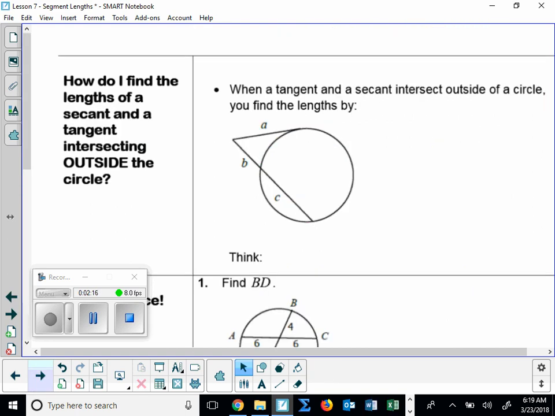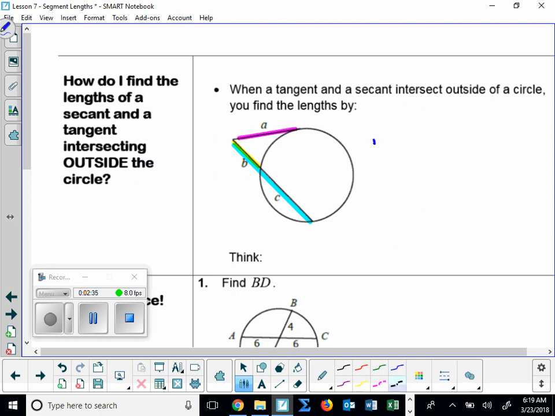Our third possible situation occurs when you have a tangent and a secant. So with the secant, we're still interested in that outside and the whole. But with the tangent, that's the only part we've got to work with.